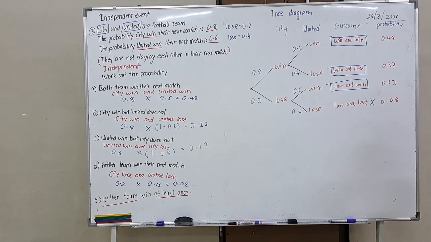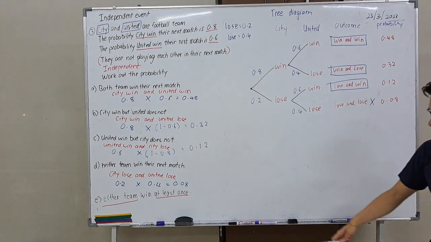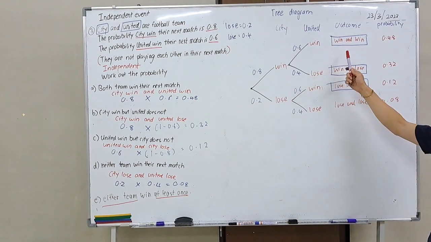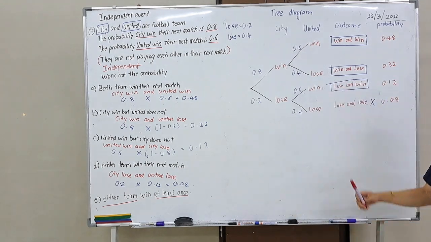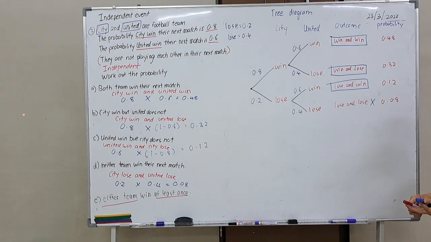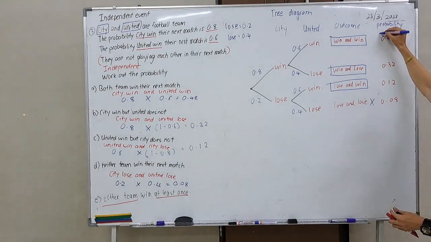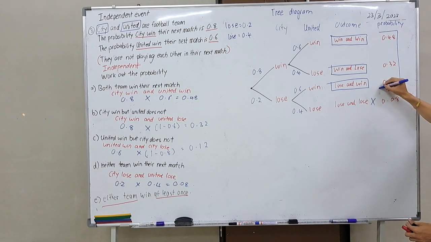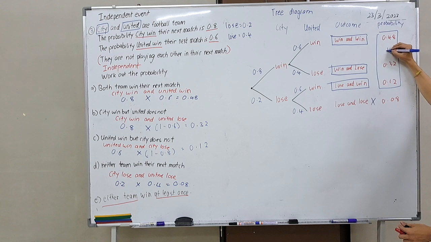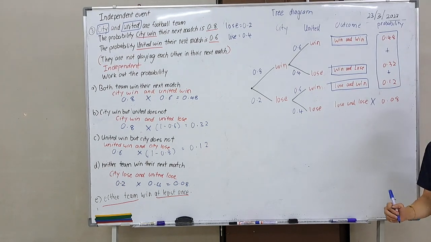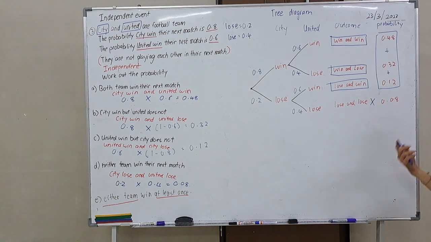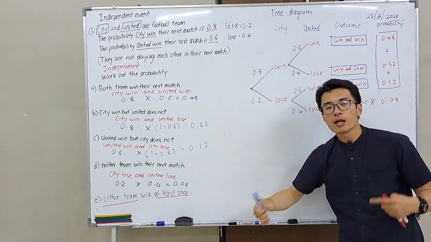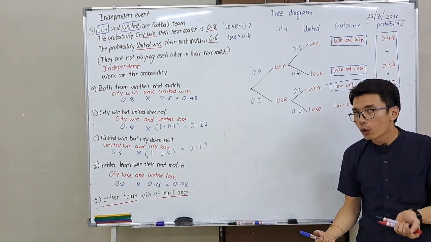Outcomes 1, 2, and 3 satisfy this condition. So what am I going to do with all these probabilities? I am going to add all of them up, because these 3 probabilities added together give the probability that either team wins at least once.